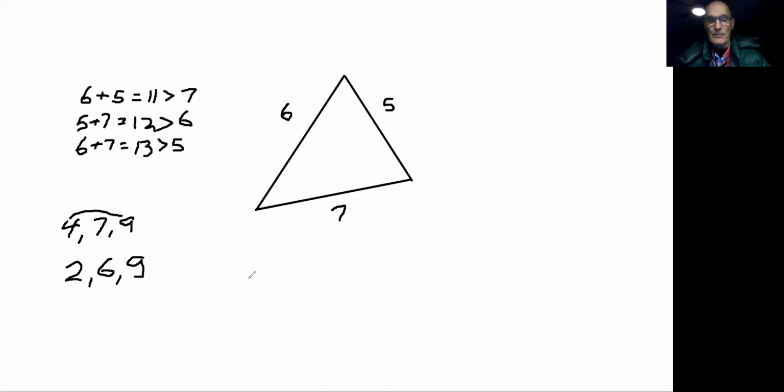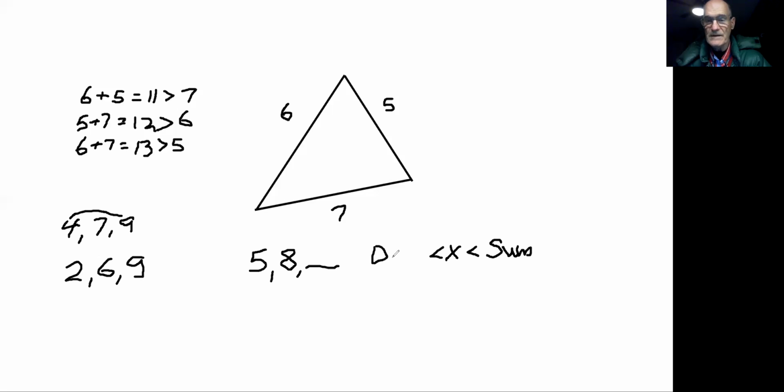Now, the second type of problem you have is, let's say, okay, we have a triangle which has sides of 5 and 8. What is the range of values for the third side? So when you have a problem like this, your third side, which we'll call x, is less than the sum of the two numbers and it's greater than the difference.